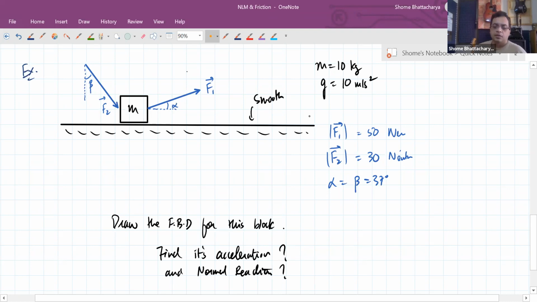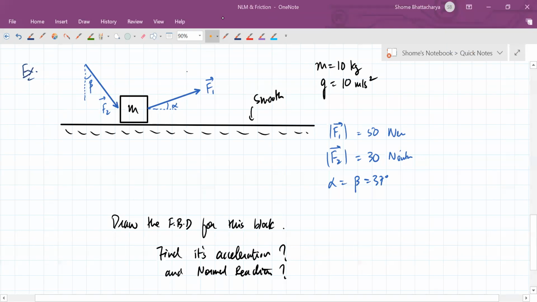Okay. So you can just take a minute and try out this. We will discuss this. I'll put up the free body diagram and you can compare your solution with mine.